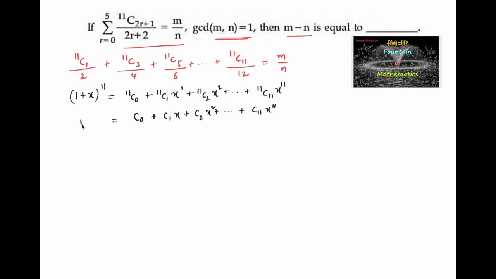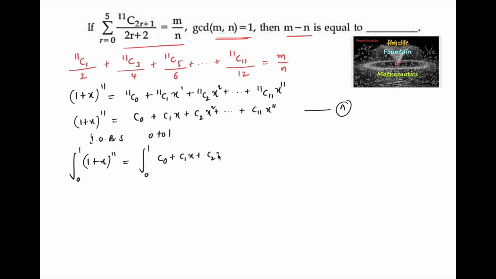So now integrating on both the sides with the limits 0 to 1. So we get integral 0 to 1 of (1 plus x) whole power 11 is equal to integral 0 to 1 of C0 plus C1 x plus C2 x square, and so on up to C11 x to the power 11 dx.